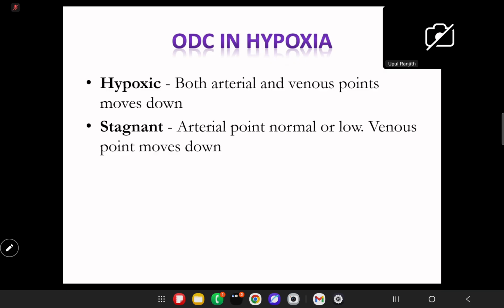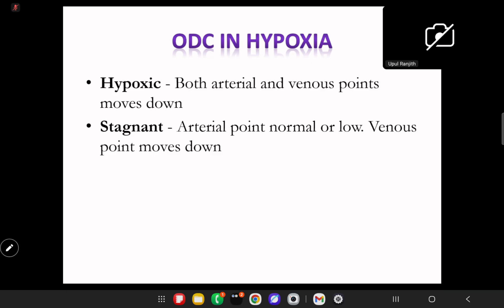The arterial point can be normal or low in stagnant hypoxia. If there is pulmonary congestion or pulmonary edema with this reduced cardiac output, then diffusion in the lung will be affected, and the arterial point will be low.